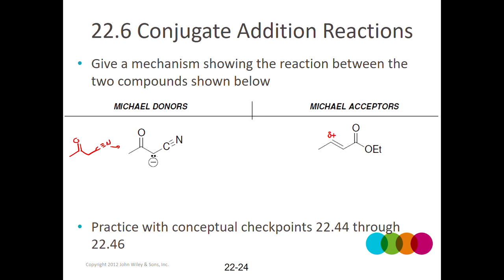And so I would start with this compound and add a base, right? Even NaOH or KOH, so it could be an OH minus, it could be an OR. LDA is kind of overkill.